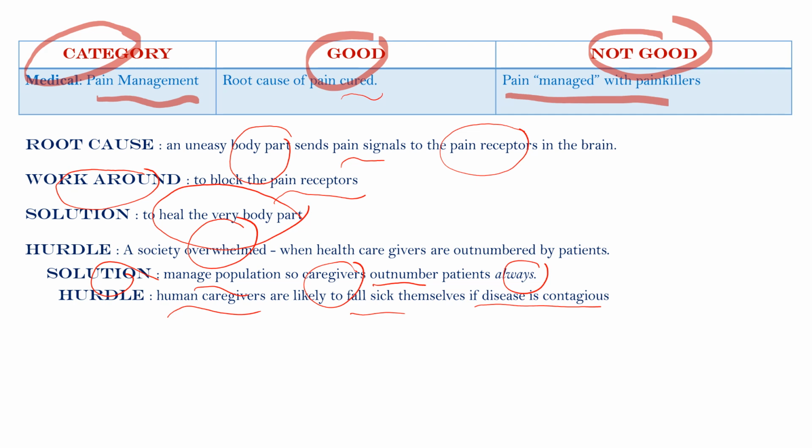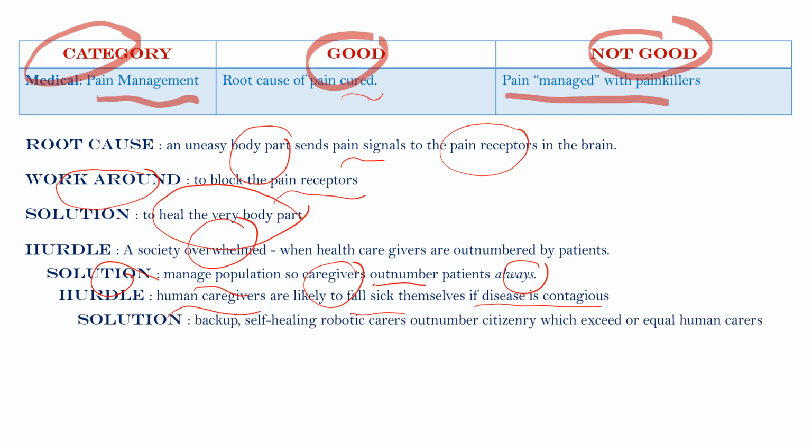The solution, of course, is to have automated backup robotic caregivers. These backup caregivers would be self-healing and far sturdier and more resilient and reliable, and they would outnumber the citizenry, which exceed or equal human carers.